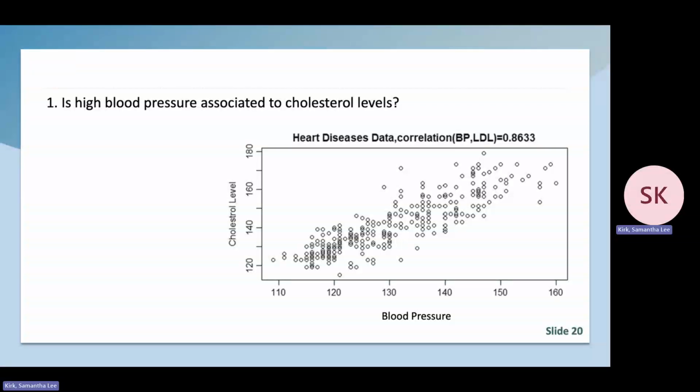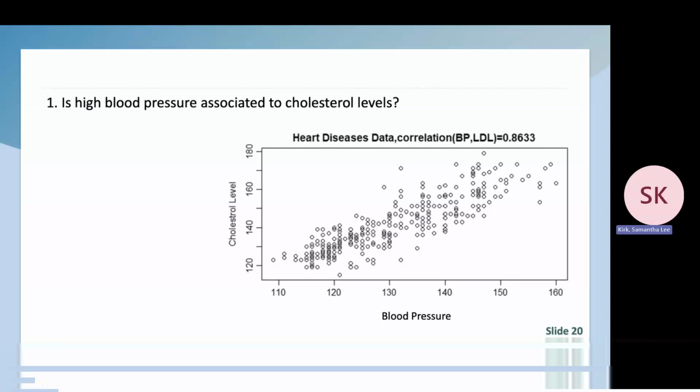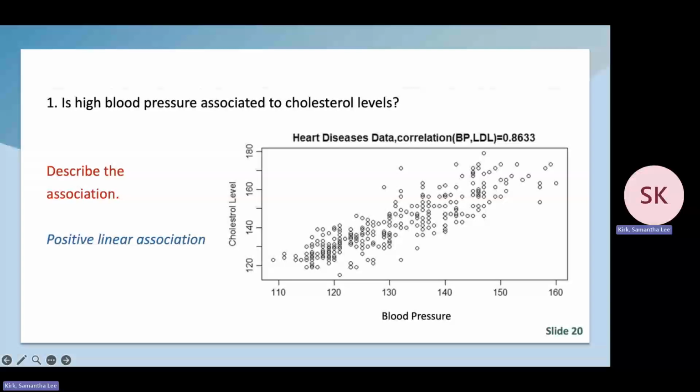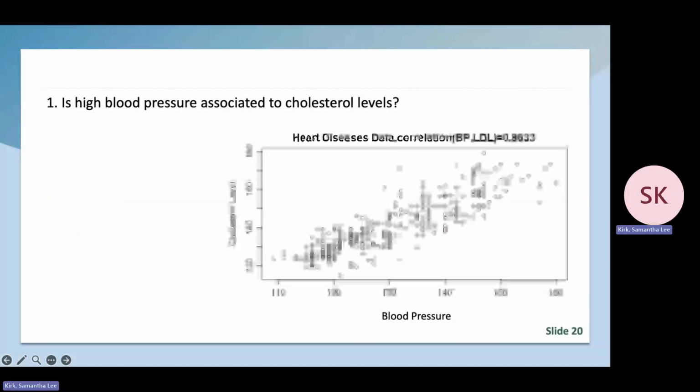So here I have a bunch of data on heart disease, and each little dot represents an individual. A dot for an individual tells us their cholesterol level along with their blood pressure. Let's look at this dot all the way in the left-hand corner, near the bottom, the most left dot.